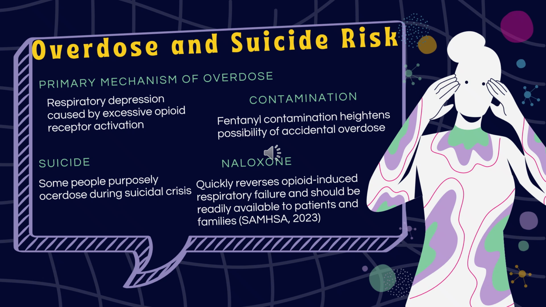Naloxone is still the primary emergency treatment, rapidly correcting respiratory depression when taken quickly. Every opioid-exposed patient and family member should have access to and understand how to utilize naloxone.